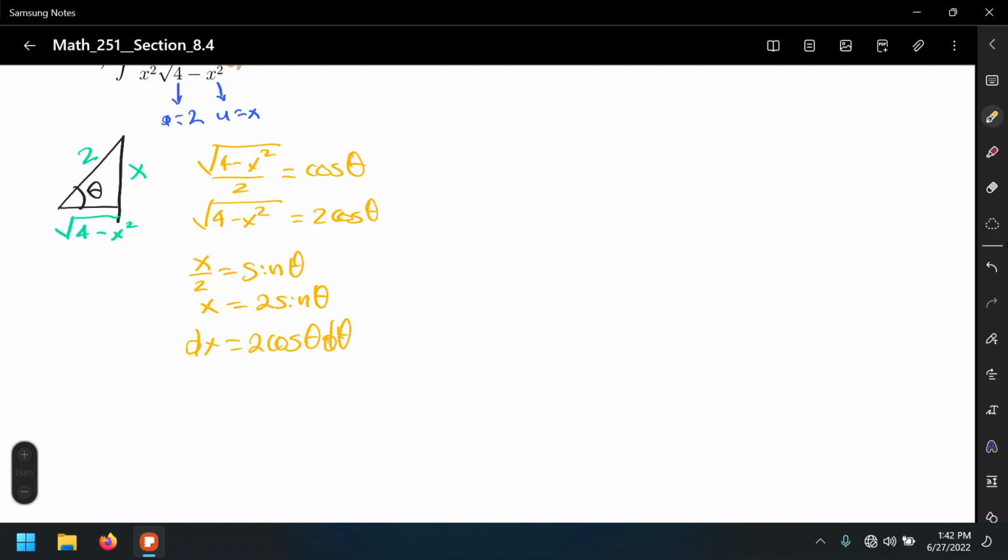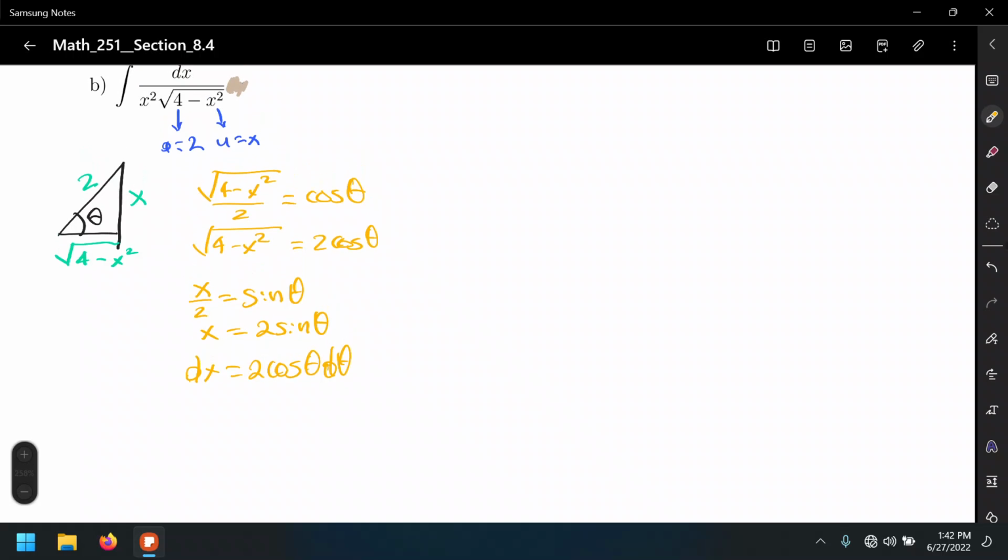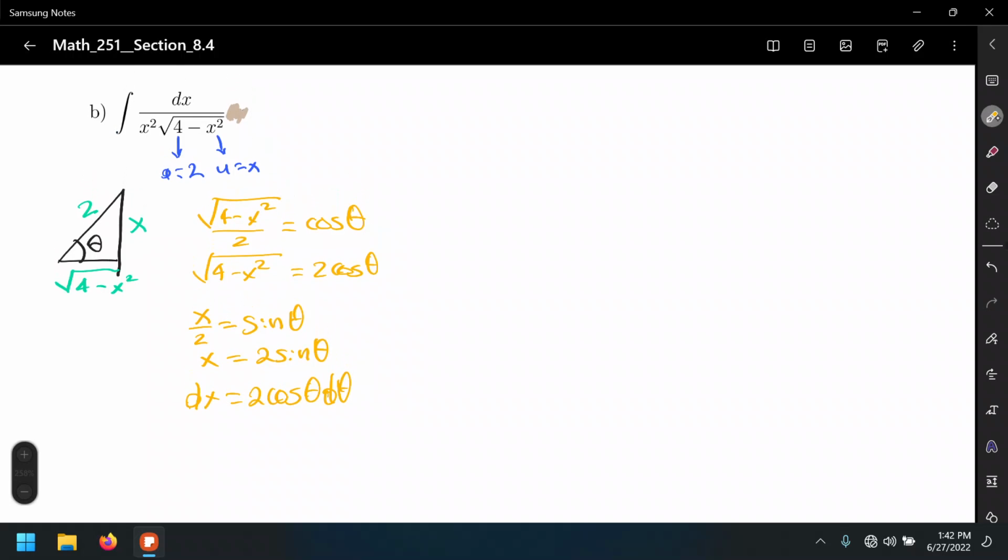And we have the three elements. In this case, we're going to use three elements to do the substitution, because as opposed to the previous example, we didn't have that factor of x squared in the denominator. So we're going to use this x right here to do a substitution for it. So number one, okay, let's go back to the integral. I'm going to do the denominator first.